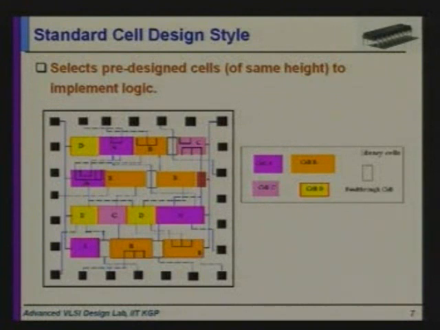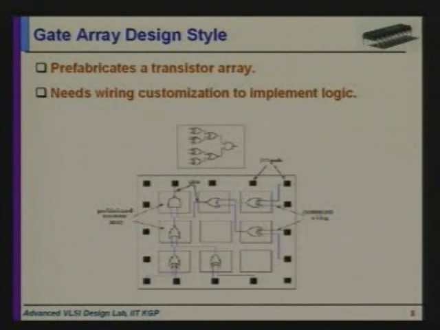We know the layout of each of these cells. We only put the cells and the interconnection between the cells, right? So we have a library of cells and we do not go into the layout within these cells.